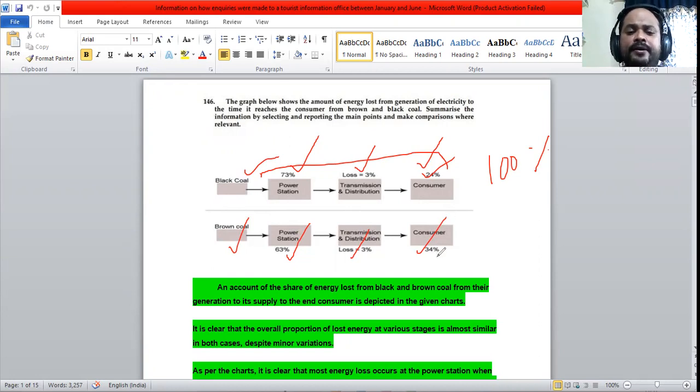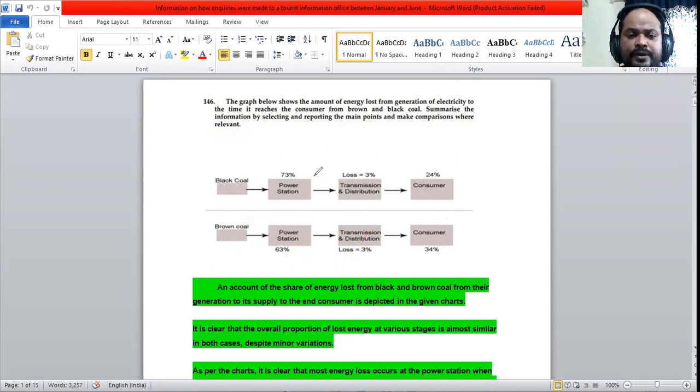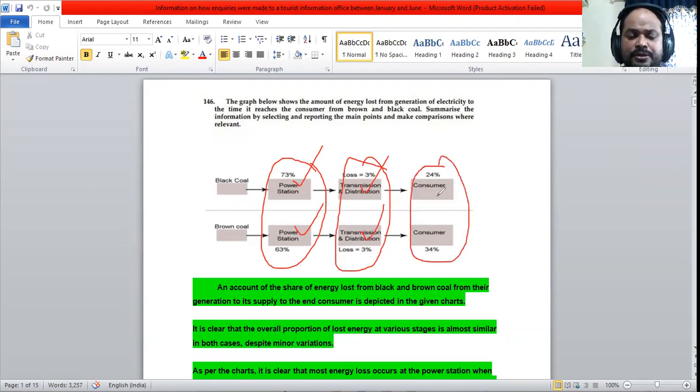So in the two sources of energy, we can see the maximum energy is lost at the power station. The minimum is lost in transmission and distribution. And for the consumer, it's 24 and 34.